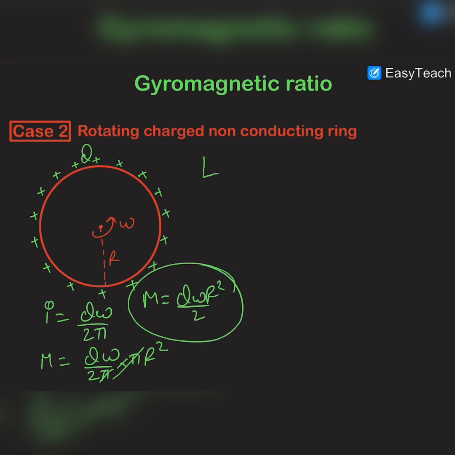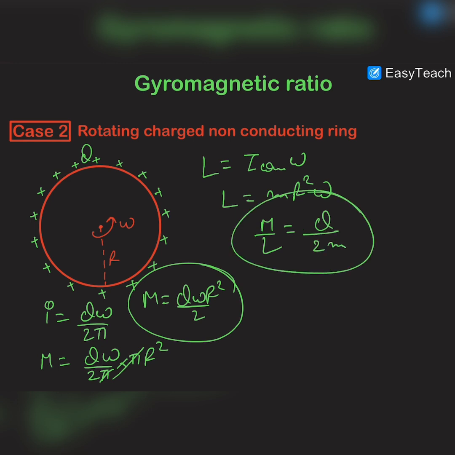Now again, if we write down the angular momentum of the ring about the center, it would be I com omega, and L will be equal to I com omega, which is m r square omega, and M by L will again be q by 2m. So the gyromagnetic ratio will be constant for all symmetrically charged objects. When I say symmetrically charged, I mean that the way of distribution of mass and the way of distribution of charge should be the same.